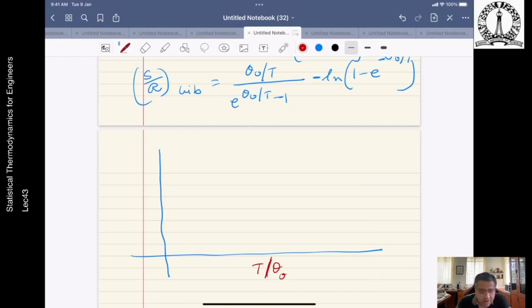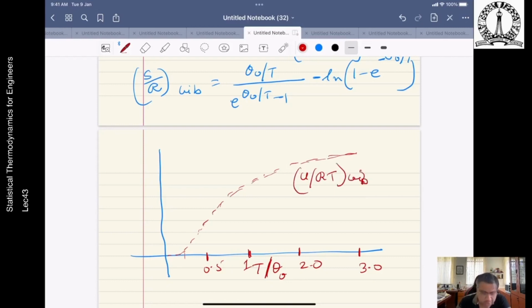You can mark certain values like 0.5, 1, 2, 3. Initially there is no contribution, then it starts to pick up a little bit, and then it goes like this. This is U by RT vibrational.